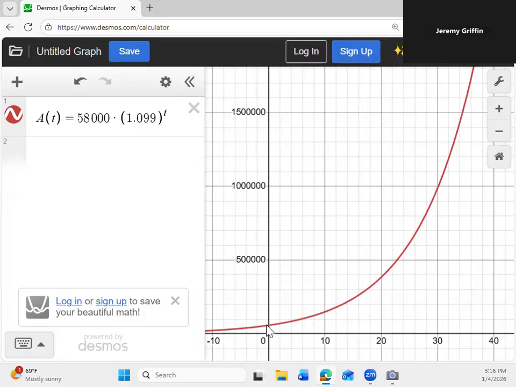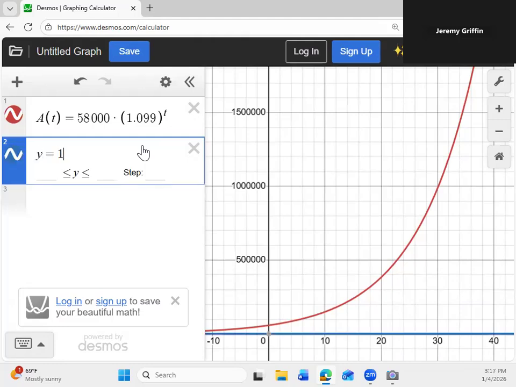So remember, 1966 is year zero. So this should be 58,000 right here, just like this shows. And then where's $1 million? Okay, $1 million I see is right here. That looks approximately 30 years out, so maybe 1996 or so. Now I could say y equals 10 to the sixth, that's a million, isn't it?